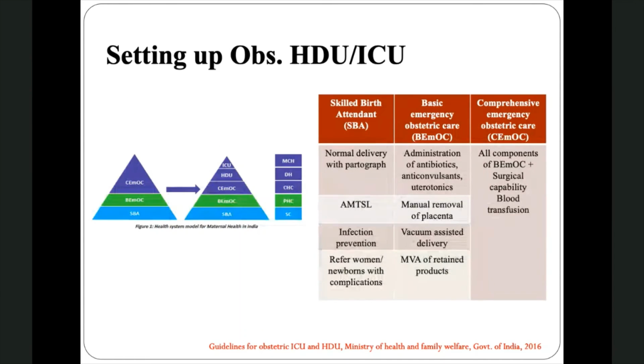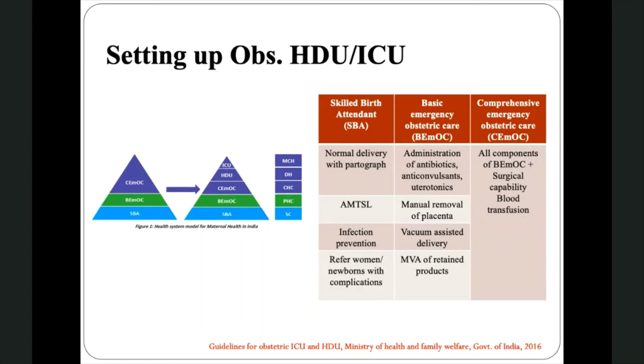You can understand this setup very easily. If you look at the subcenter, it should have a woman who is skilled to attend deliveries, so a skilled birth attendant should be there at the subcenter. The PHC should have basic emergency obstetric care.